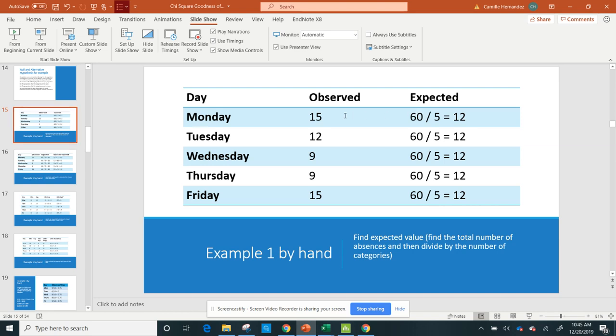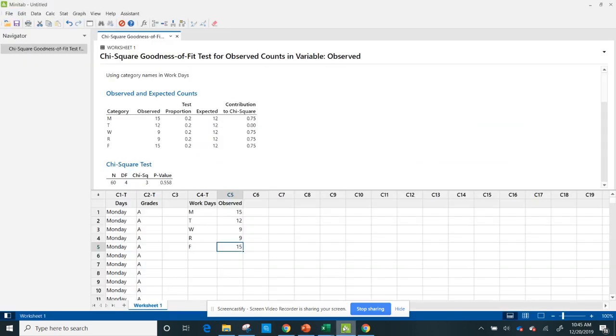Here, 60 is the sample size divided by 5, the number of categories, which equals 12. That's how I got it by hand. It's the total number of absences divided by the number of categories. But the great thing about Minitab is I didn't have to do any of this by hand. It gave it to me. So if I had to answer what the expected was for Wednesday, it's 12, and Minitab gave it to me.